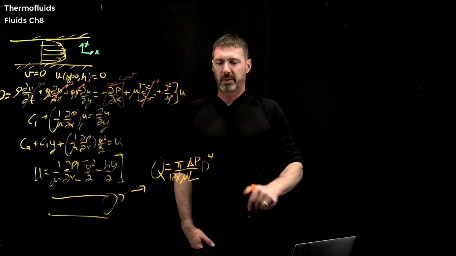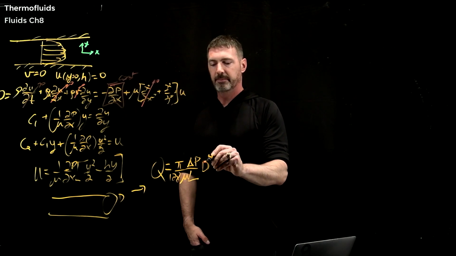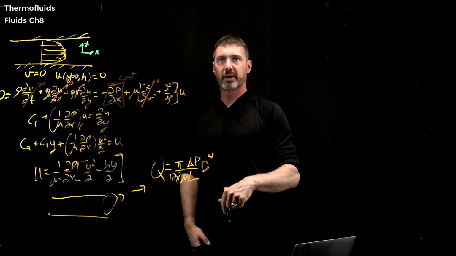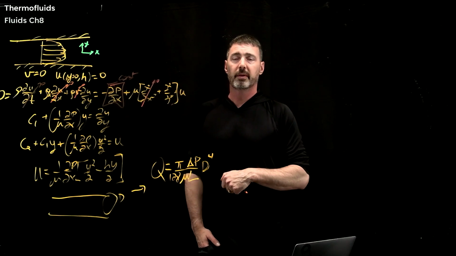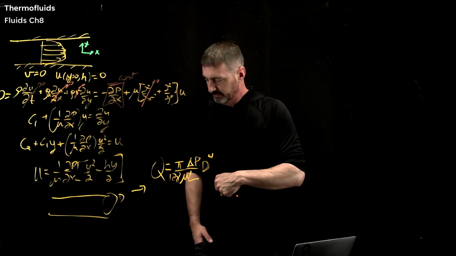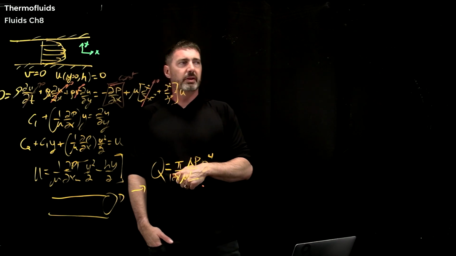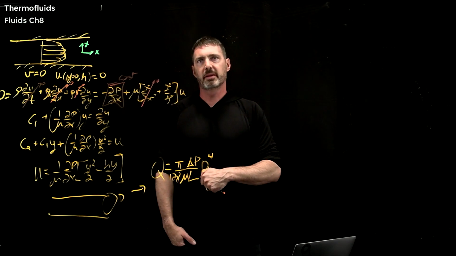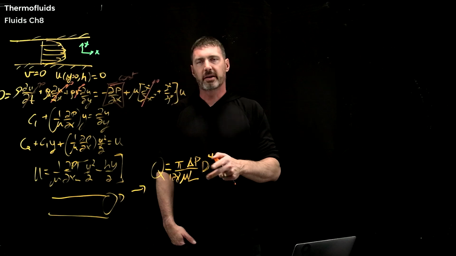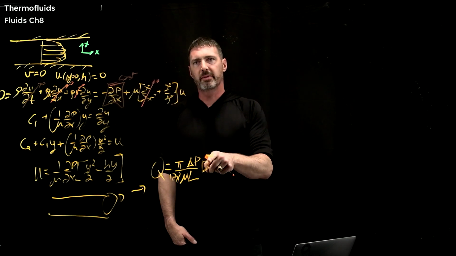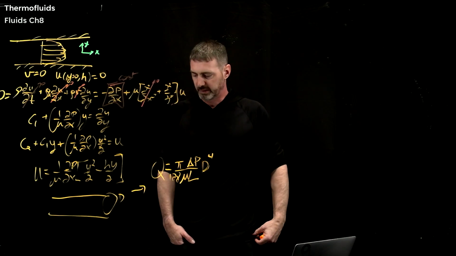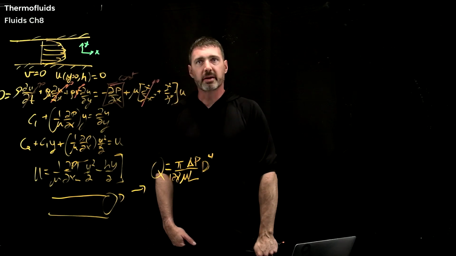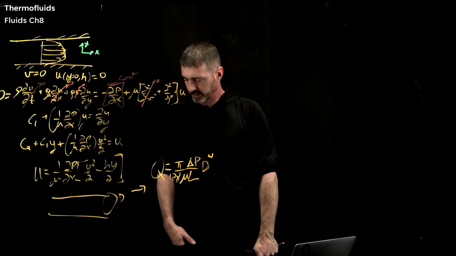So from a laminar flow rate, your flow rate actually goes like the diameter to the fourth power. So interesting. A lot of times you can think through what might be happening in like your sprinkler system and things like that. You'd have to calculate the Reynolds number to make sure you're not turbulent, but a lot of times you can really increase your flow rate by just doing a slightly bigger system.